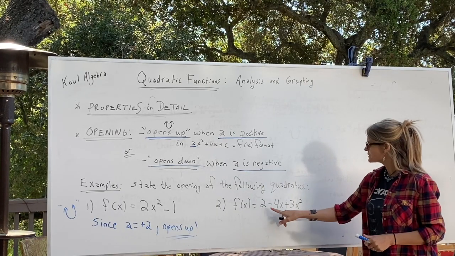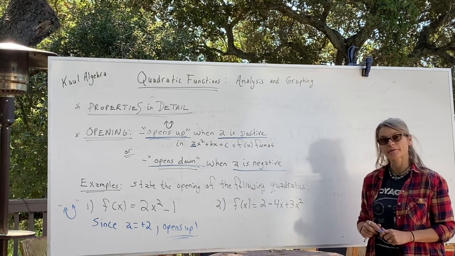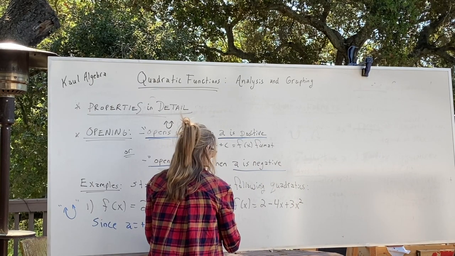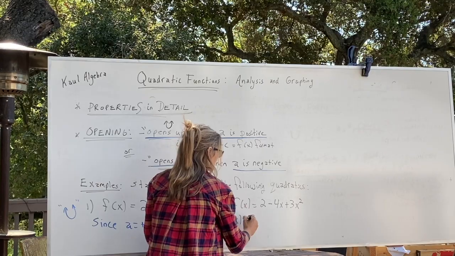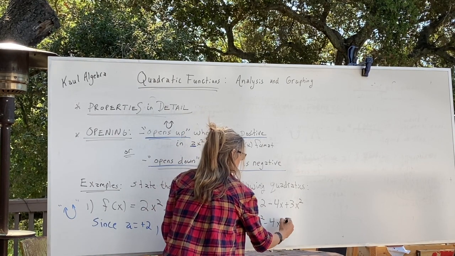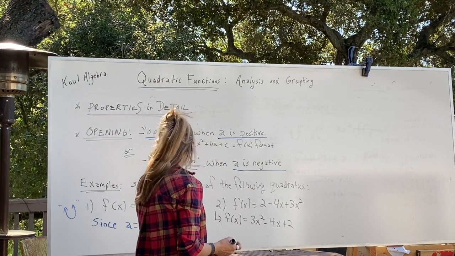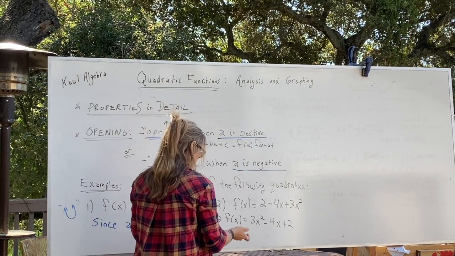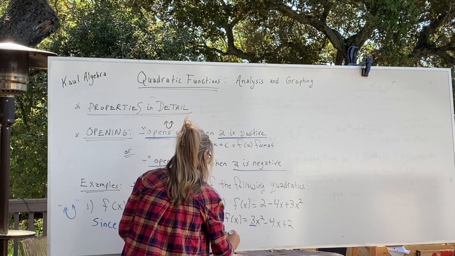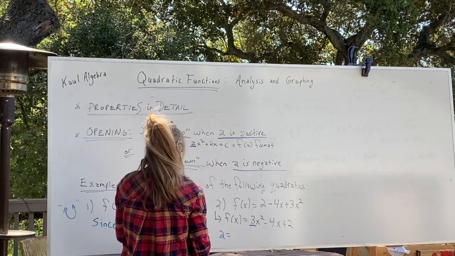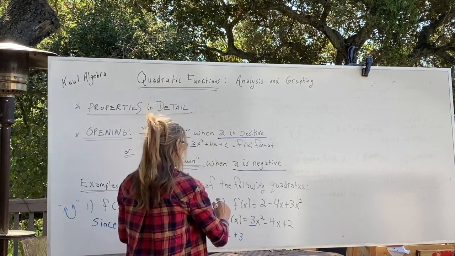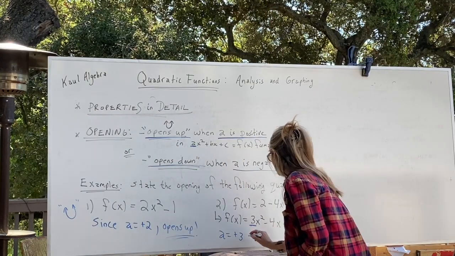So once we have it in that format, we identify our a value and look at our opening. In standard form, with some rearranging, this will be 3x squared minus 4x plus 2. I want to identify my a value, which is this number right here. And here, a is equal to positive 3. So in this case, this opens up as well.